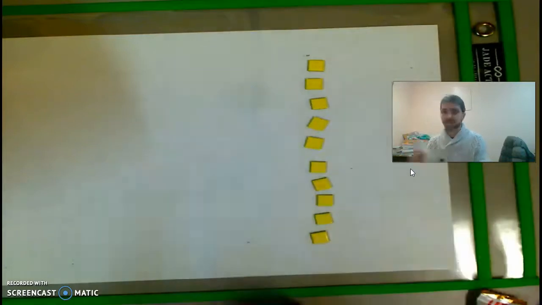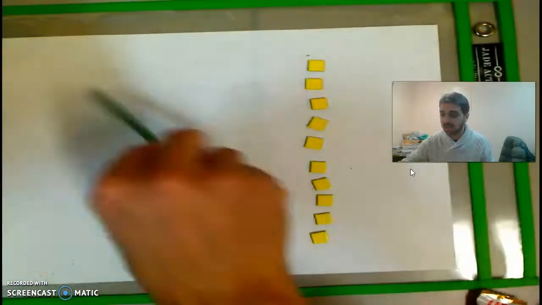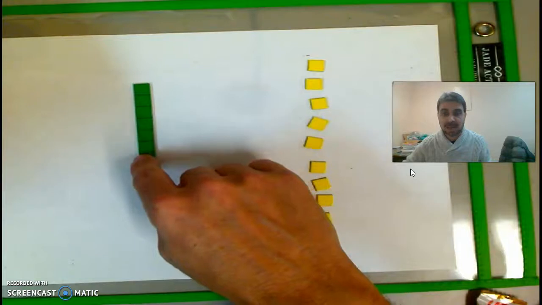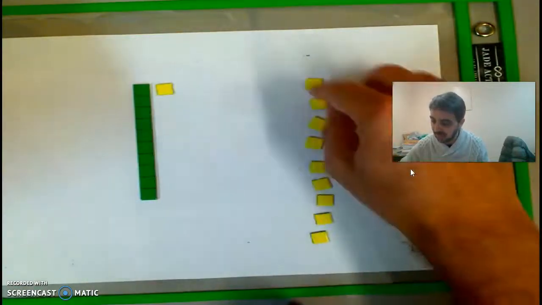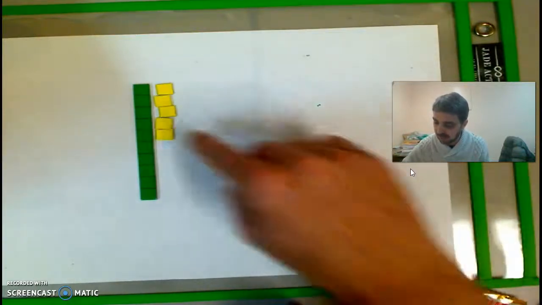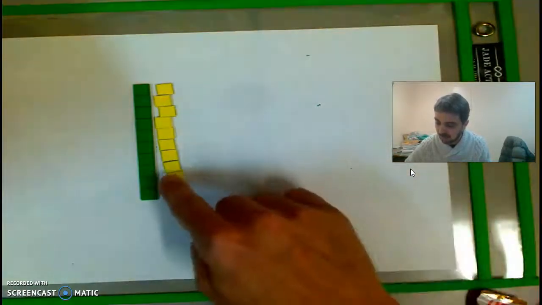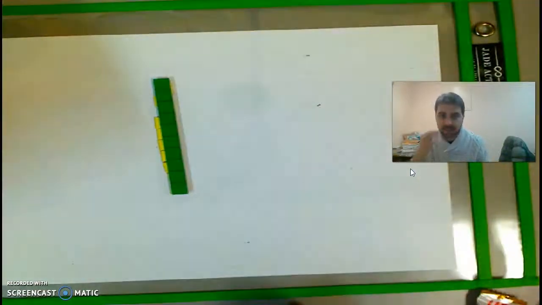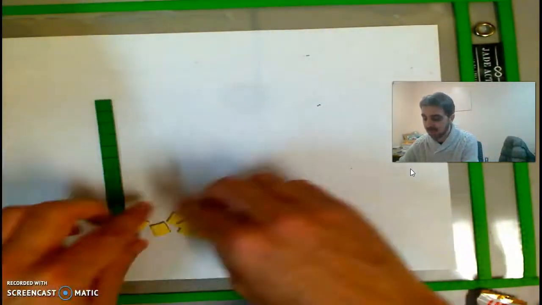Now, I don't have so many of these, but we're going to pretend that this 10 is a bag, and it has 10 pieces of candy in it. Makes sense, right? You could fit 10 pieces of candy in there. So 10 pieces of candy go inside the bag.